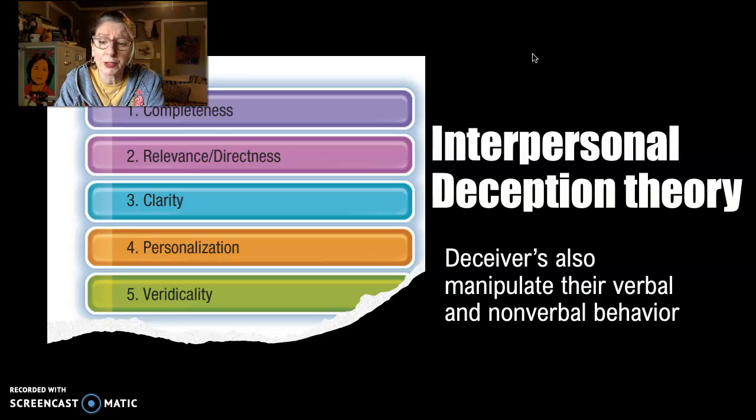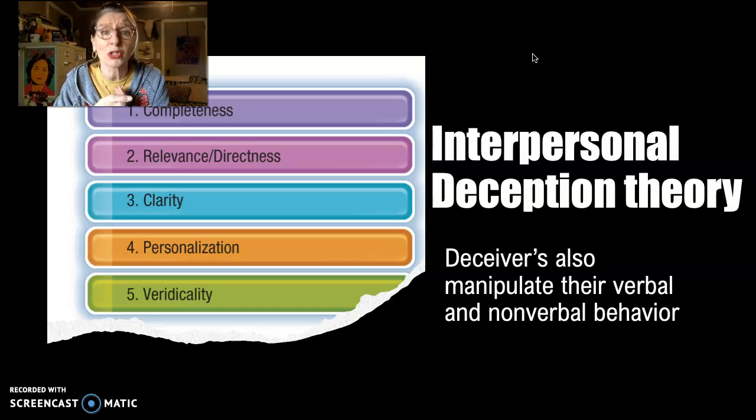So let's go back over these really quick. Completeness: not giving all the details. Relevance and directness: not being direct, but indirect, which could also mean going off on a tangent. When someone goes off on a tangent, you're like, what are they talking about? Lack of clarity: something that doesn't make sense.